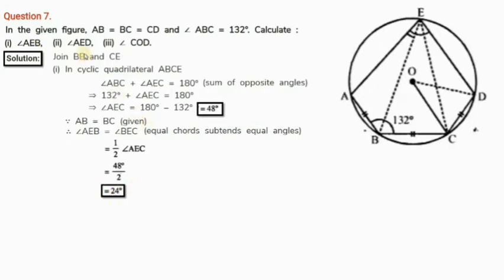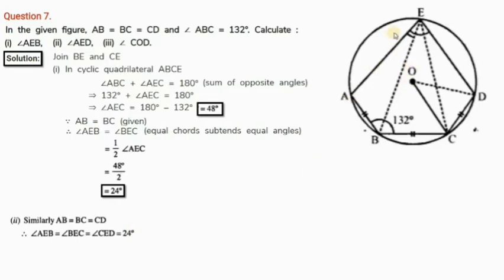Okay, now next is AED. Let us see where AED is. AED means this one. Again, this is also equal, right? This chord is also equal to this and this, so these two angles are already equal. Now this angle, that is CED, is also going to be 24 degrees. So the value of each angle will be 24 degrees.